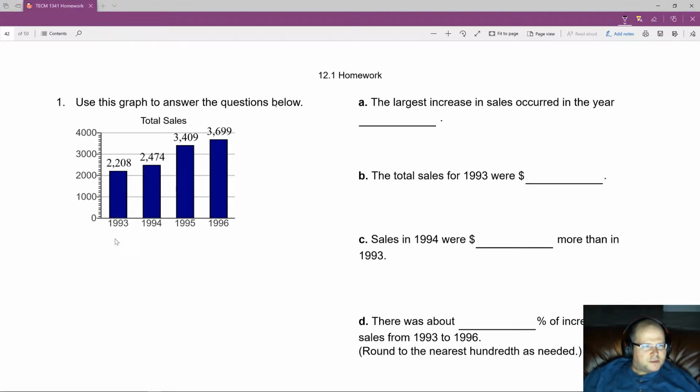So between the first two, 1993 to 1994, we would take the larger one, the later one, and subtract the previous one. That gives us 266. Then we would take the next two. All right, so we take 1995 minus 1994.